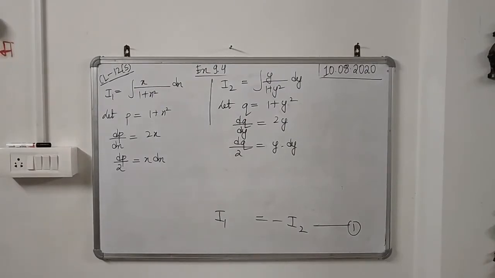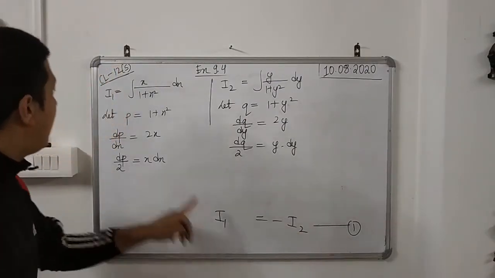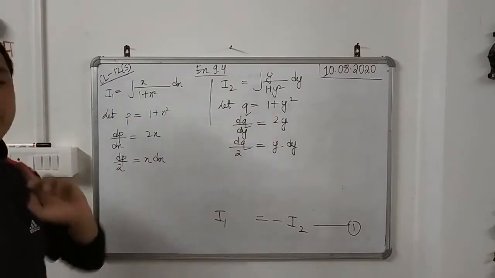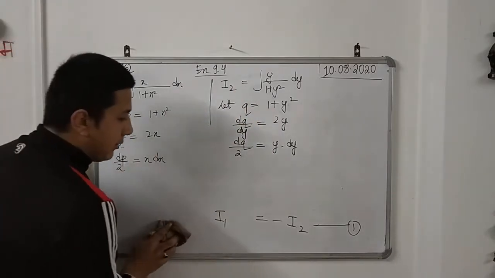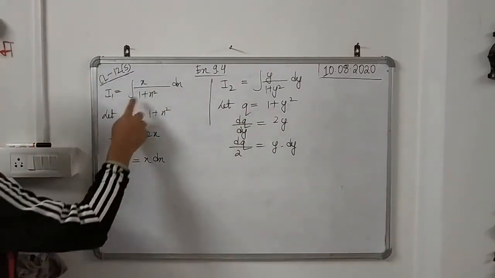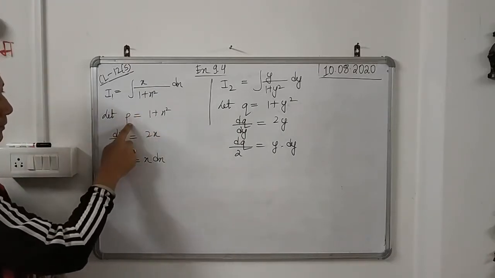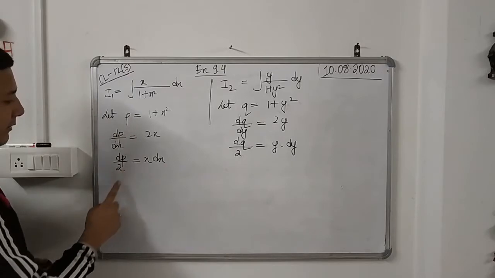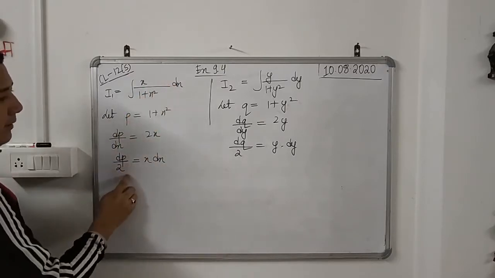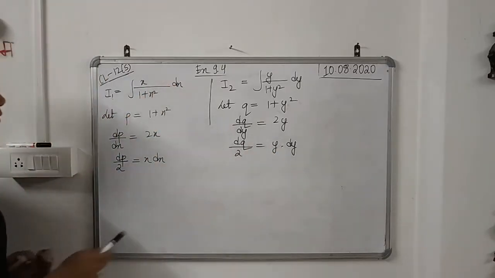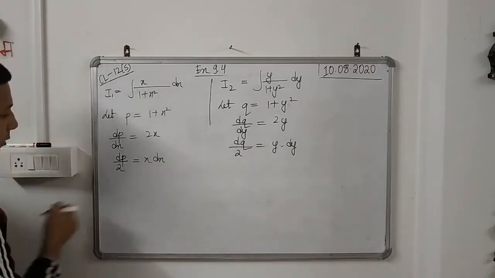Give this equation as equation number 1. Your I1 is this, your I2 is this. Now I can clear this. How do you solve I1? I told you, by substitution. Assume the denominator as P, and you'll get x dx equals dp by 2. Similarly, y dy equals dq by 2, according to your substitution.